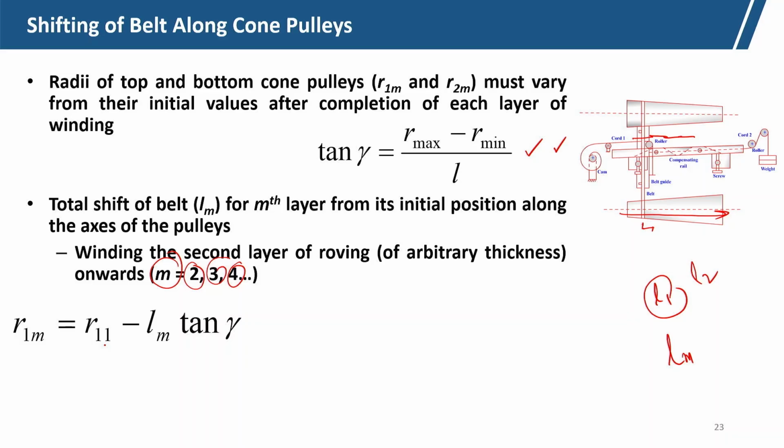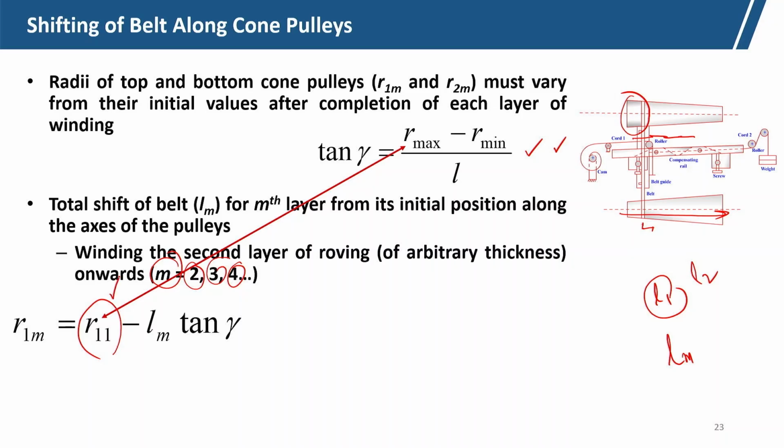R1m is the maximum radius for the top cone drum, and as we go on increasing the layer, for the first layer it will be basically R11.